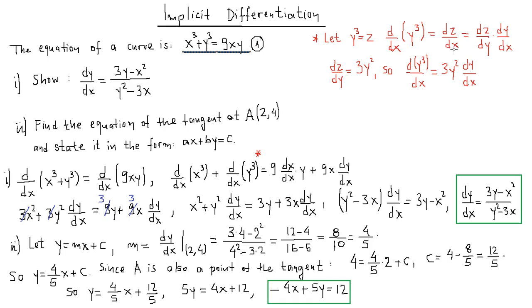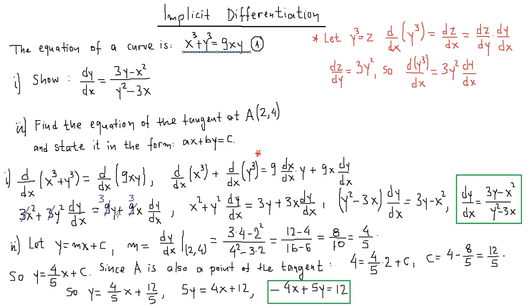So the derivative dz upon dx is dz upon dy times dy upon dx according to the chain rule. The first derivative dz upon dy becomes 3y squared. So the derivative of y cubed with respect to x becomes 3y squared times dy upon dx.